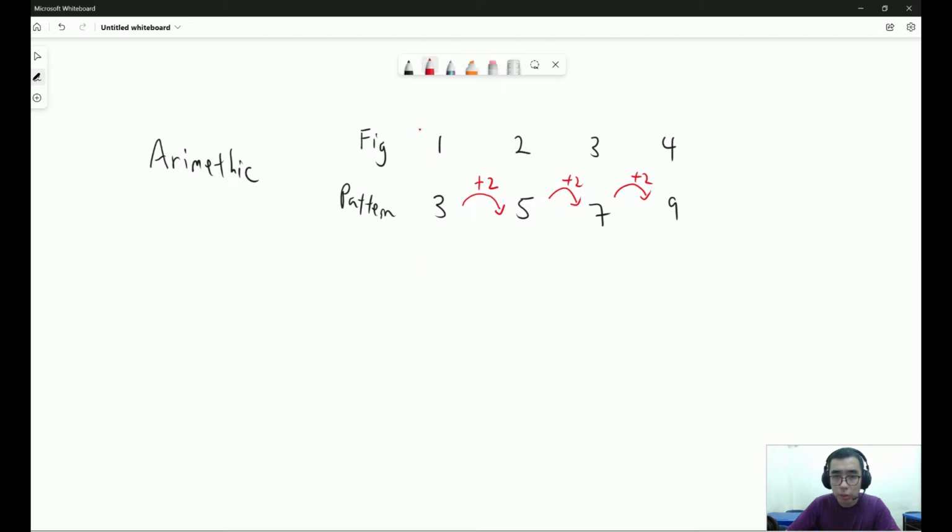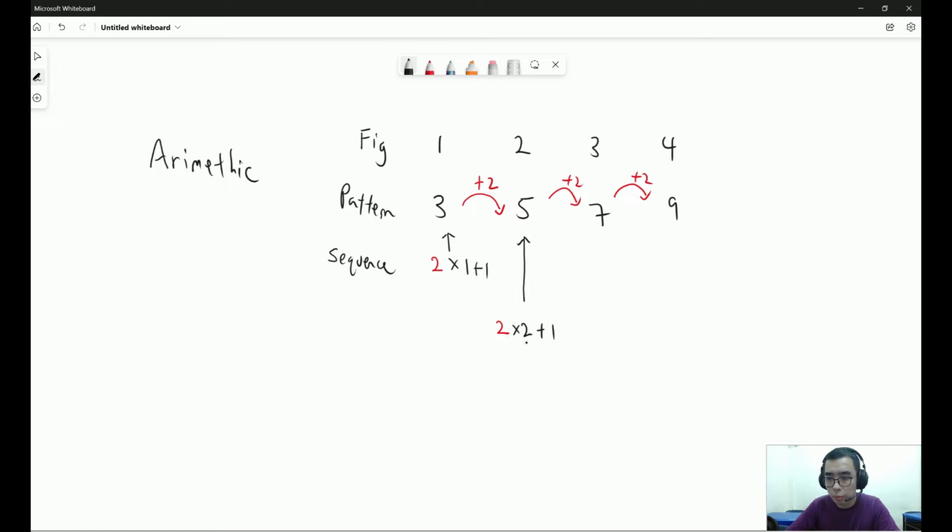So if you look at the sequence, we'll be taking 2 and multiplying with the figure number. Now 2 times 1 will give me 2. Then in order to get to the pattern, we need to add an additional 1. So this will give me this. Then if you look at figure 2, it will be 2 times 2 plus 1.